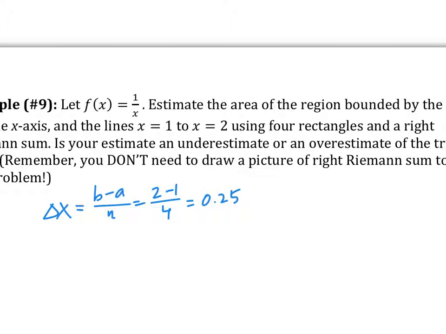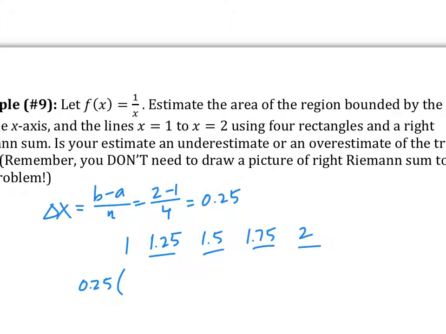Then you want to look at your intervals, and you want the right-hand side. If you divide your interval into 4 equal parts, the leftmost is 1, and then 1.25, 1.5, 1.75, and then 2. You're taking the right-hand side. So the right-hand approximation is 0.25, which is the base, times the height.